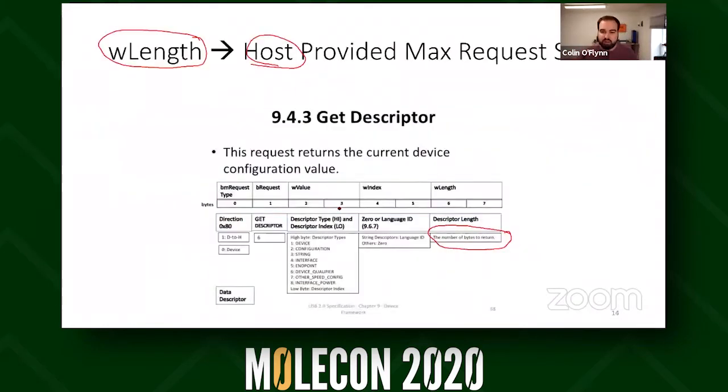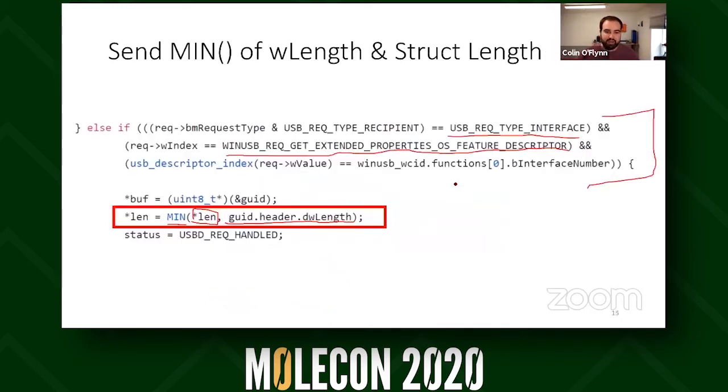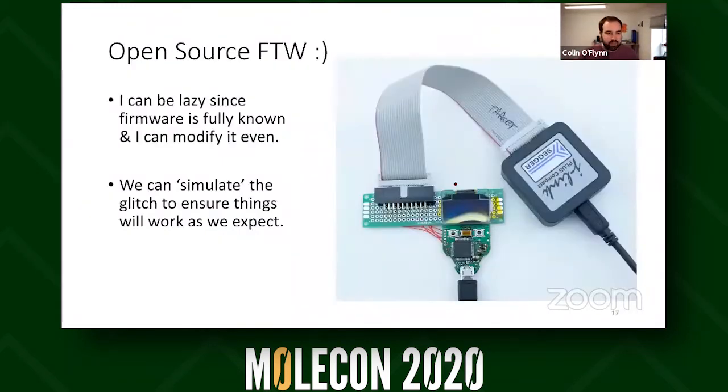And the host is the one that controls how much data it requests. So all of a sudden, if that code doesn't execute correctly, we have a way that the host computer can request up to this FF. So it's a 16-bit field, so it can request 65K of data from the device.